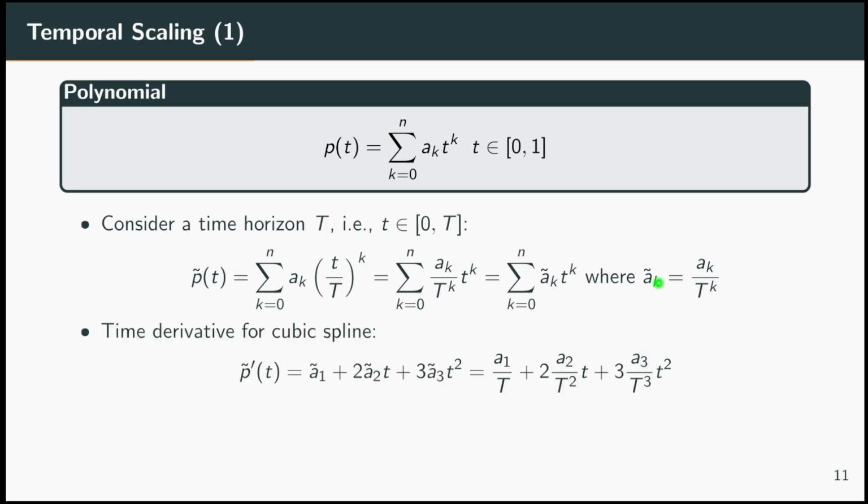Okay, and then once you do that, you can also compute, of course, derivatives, which for the cubic spline is like the regular derivative you studied last week. And then if we write it out again with respect to the original things, we kind of get this. So, not really magic.